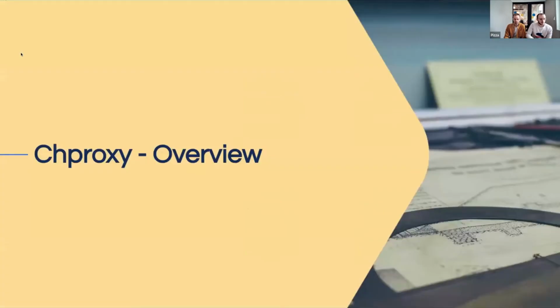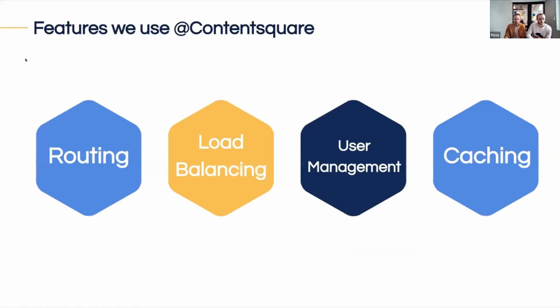So now that we explained the need for a proxy in front of ClickHouse, we will present ClickHouse proxy and give an overview of some features we use at Contentsquare. A quick list before we detail it a little bit more: we use routing capabilities, load balancing, user management, caching, and some other features.